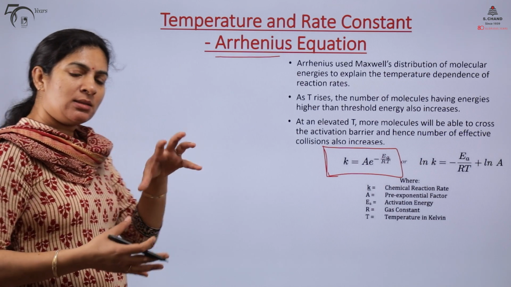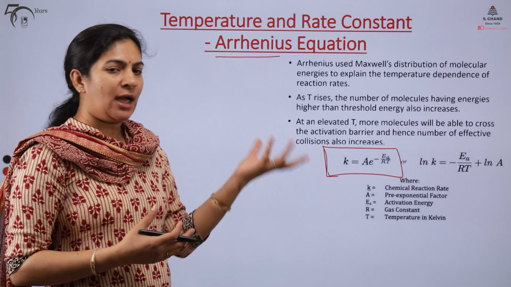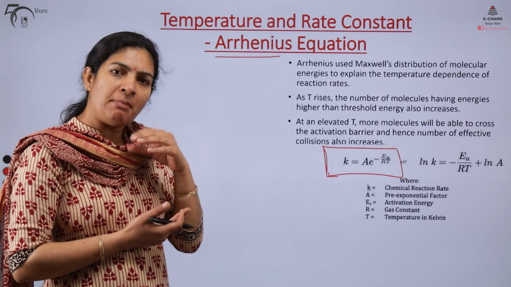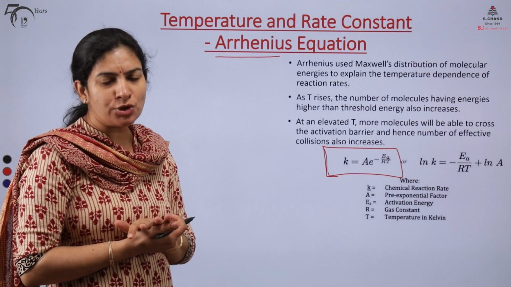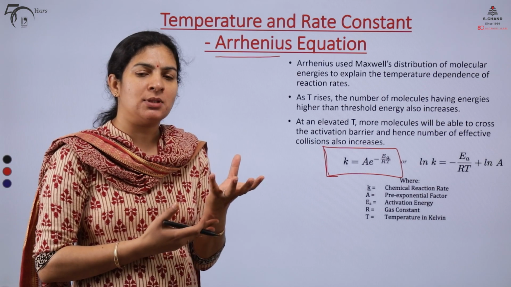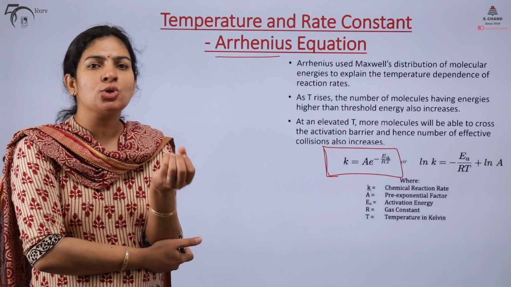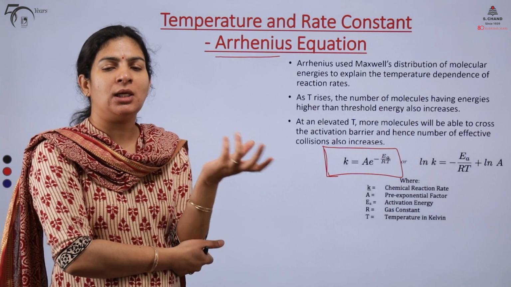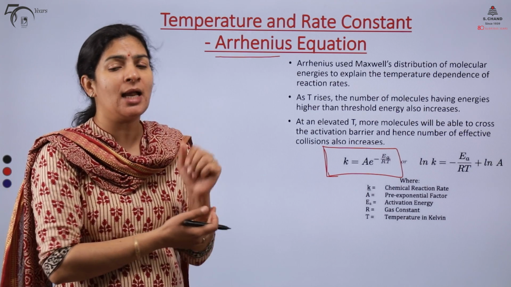So Arrhenius took the idea from Maxwell-Boltzmann distribution curves for molecular energies. So he said what actually leads to the increase in rate of the reaction upon increasing the temperature, what exactly happens.